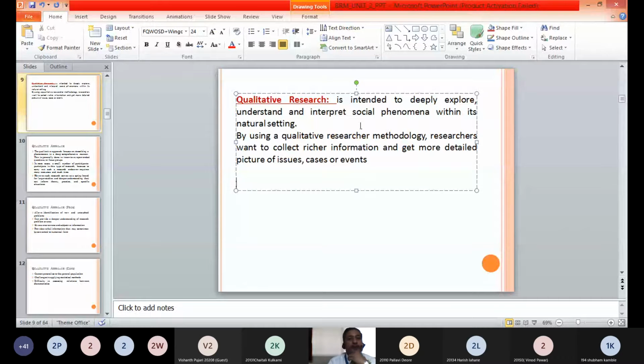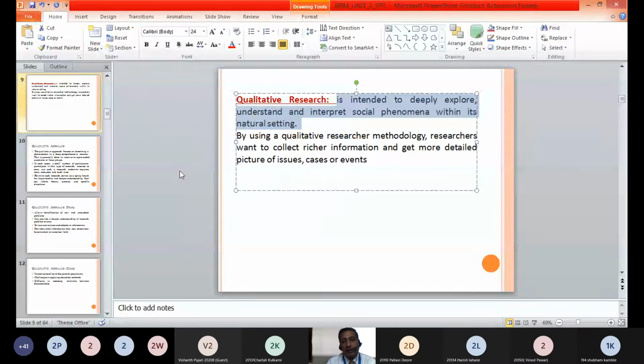So first of all, qualitative research. What is qualitative research? It is intended to deeply explore, understand and interpret social phenomena within their natural setting. So qualitative research is to understand a particular phenomenon in depth, very clearly, in its natural setting.